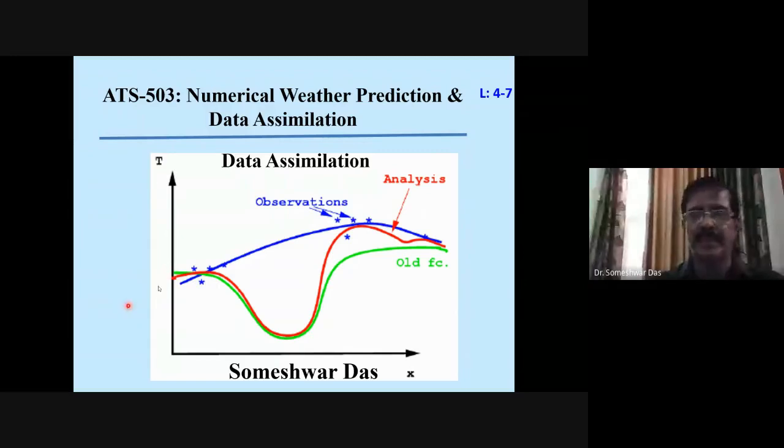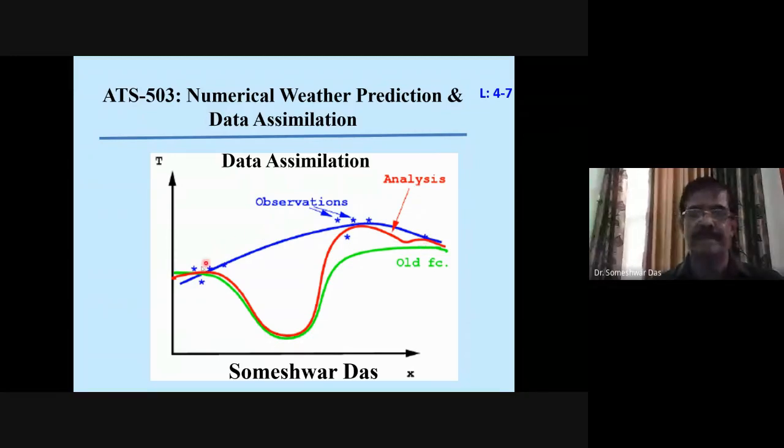So this is the observation, the blue line, and the green line is your background field, the old forecast from the past 6 hours. Now, obviously, your green line and the blue line are not coinciding with each other, right? They're not coinciding because the forecasts are not perfect.